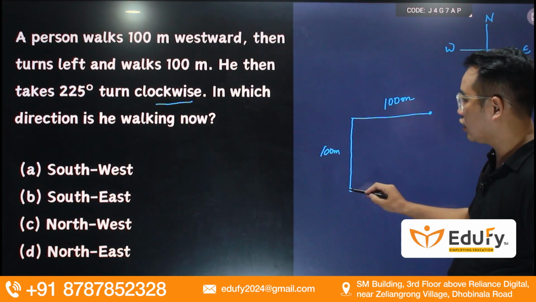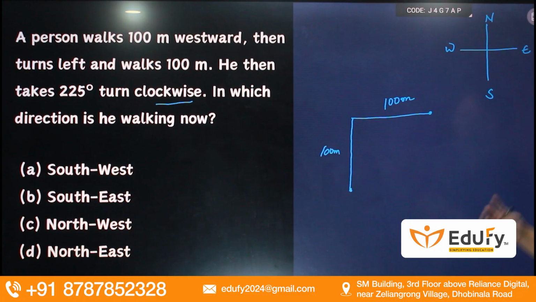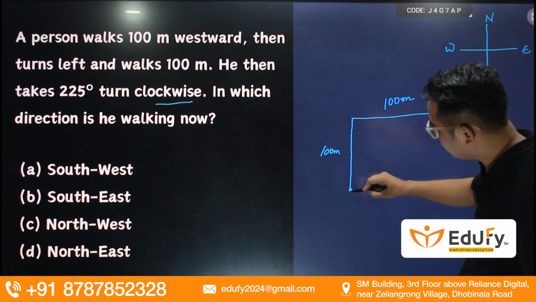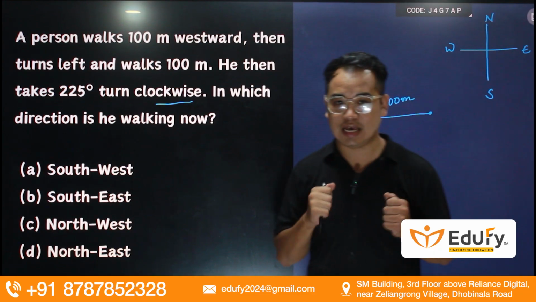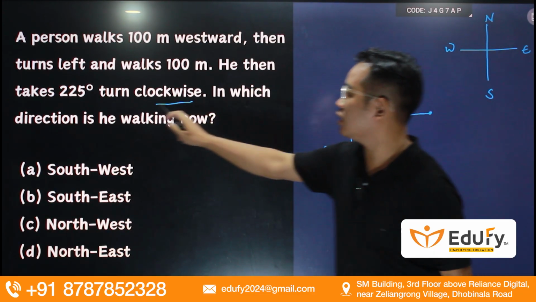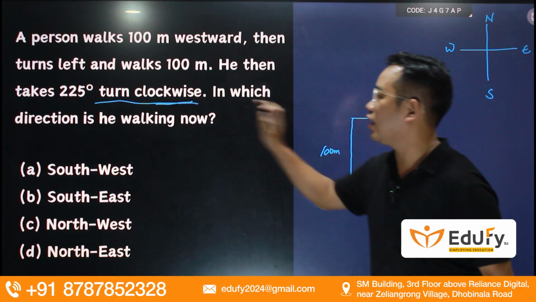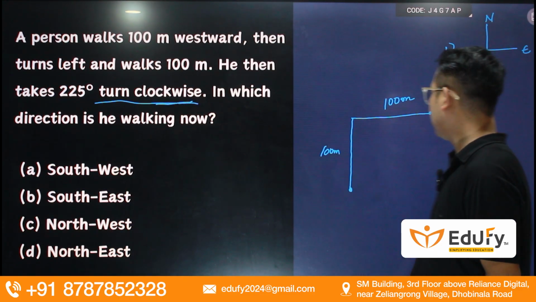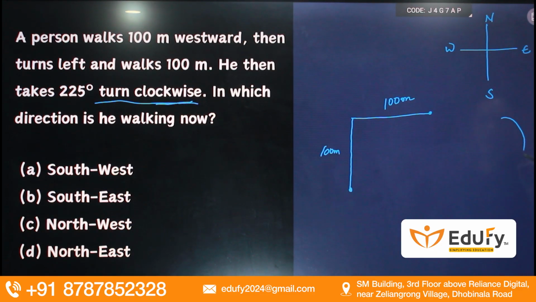Now after this point, the question is, in which direction is he walking now? Since you're on this point, you're standing like this. After reaching this point, he then turns 225 degrees clockwise. Like I discussed, your clockwise direction is this.